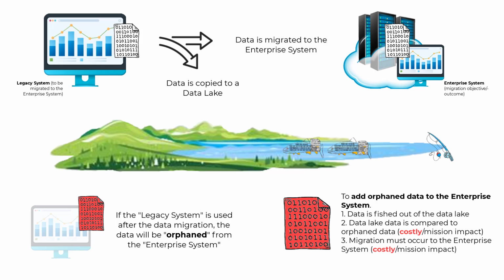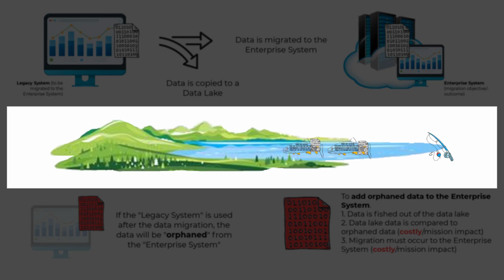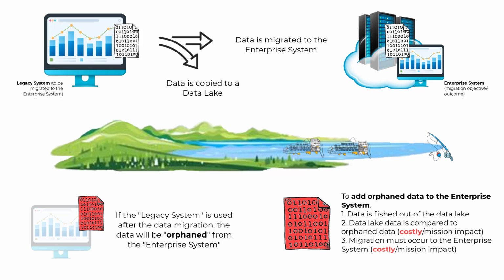And so the bottom of the screen, really having this data lake or some place to put that data so you can do that comparison and move those orphans back into the enterprise system, is a wise investment of time and cost. You can eliminate this data lake in the future if you don't want to use it for analytics and other purposes, but certainly important to use for discovering and migrating those orphan files.